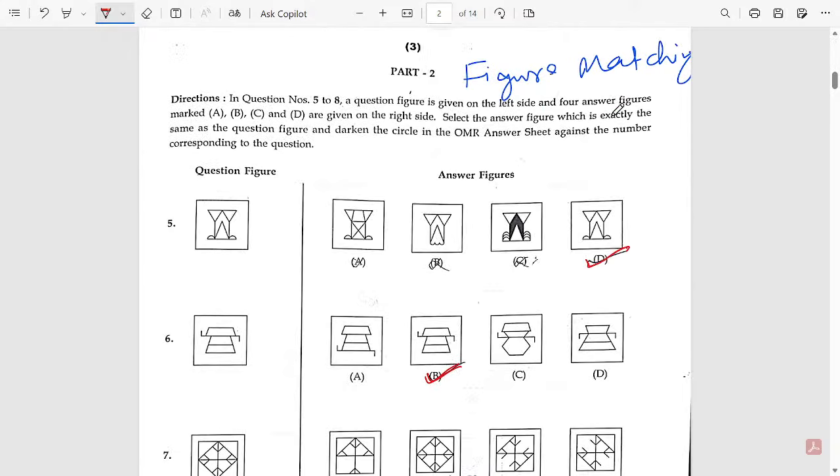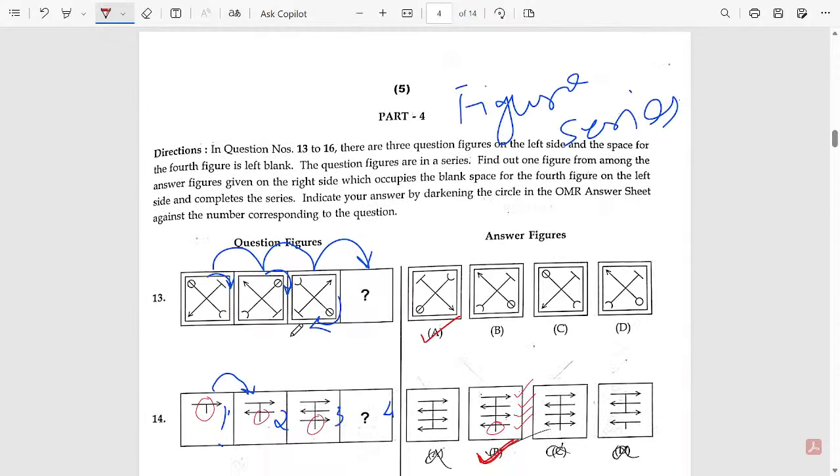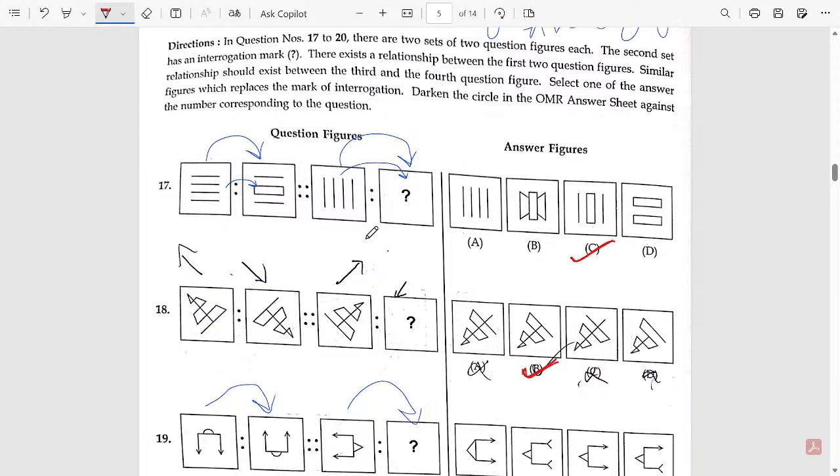The third part will be figure completion, where you have to find the figure for the question mark. The fourth is figure series: one after the other, see what pattern will come and then find the next figure. The fifth part will be analogy: the relation between two figures should be the same between the next two figures. So the fifth part is figure analogy.